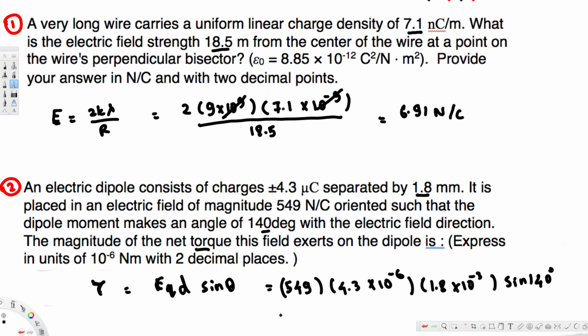And if you calculate this one, you should get 2.73 times 10 to the power of minus 6 Newton meter, and that's going to be the final answer.